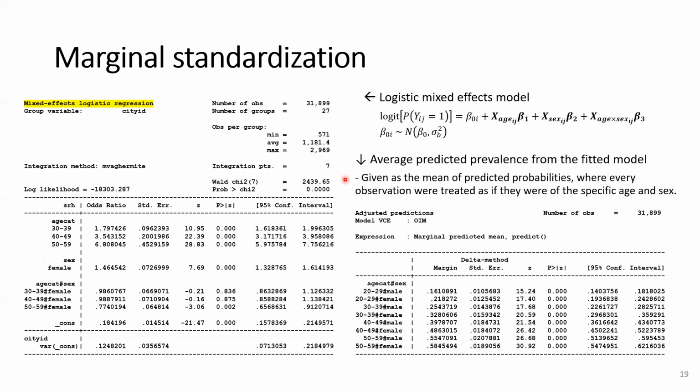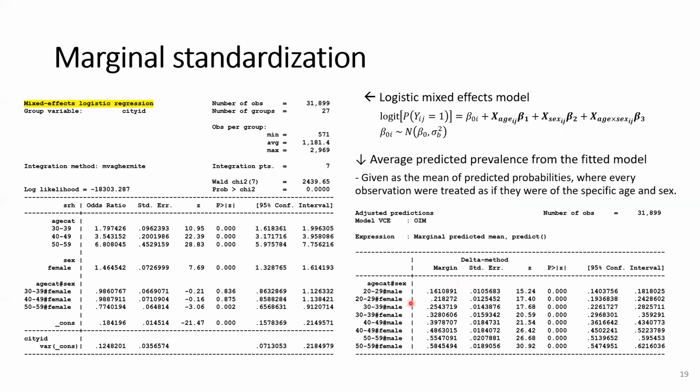First we calculate the predicted probability where every observation was treated as if they were of the specific age and sex. What does it mean? For example, the first one, this one, a prevalence of 0.16.